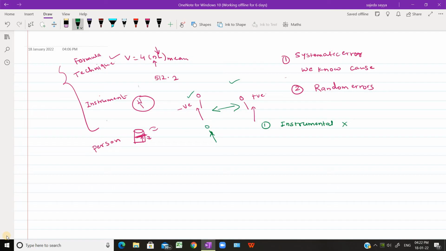Okay. So, instrumental error, and now formula or technique. Suppose you use a wrong formula for the measurement, then the technical error in that experiment can be minimized.